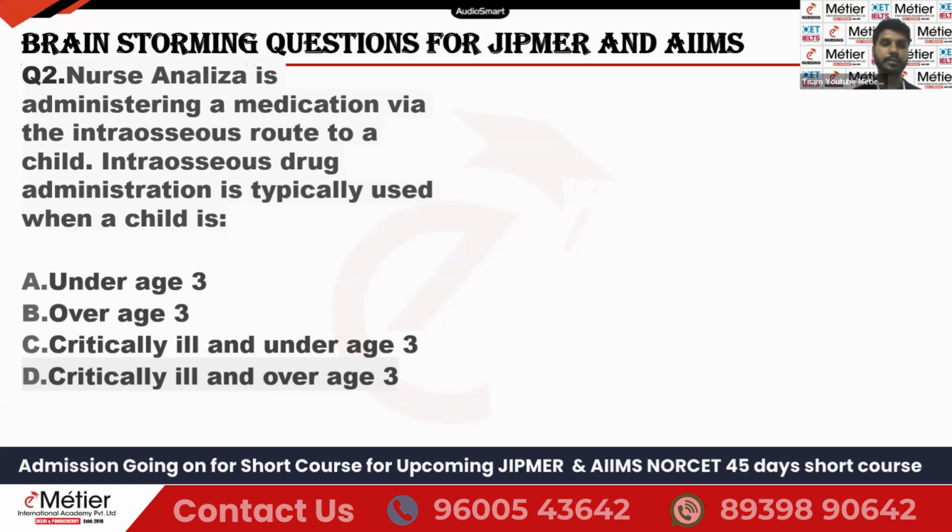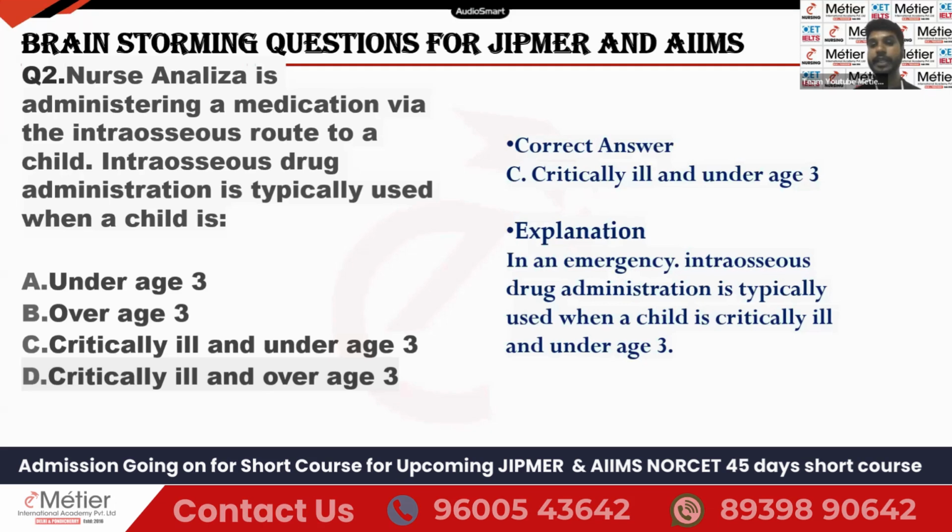So at which age can we typically use this intraosseous route? The options are under age 3, over age 3, critically ill under age 3, critically ill and over age 3. So what is the right option? The right option is critically ill under age 3.